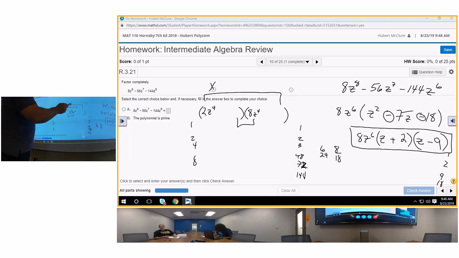So I don't think the 6 and the 24 would work. No. 18. Did I try 18? 8 and 8, 64. 18 times 2 is 36. So 64 minus 36, that's not going to work. So I may have to switch to the 1 and the 8. Let me try that.